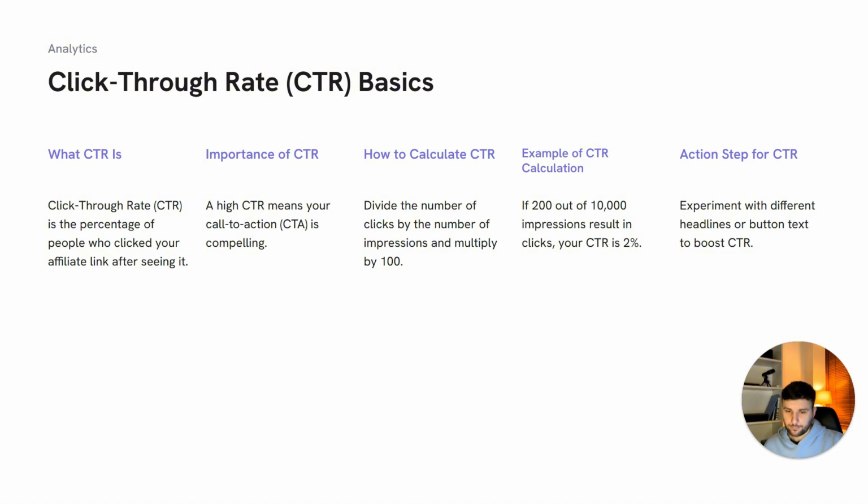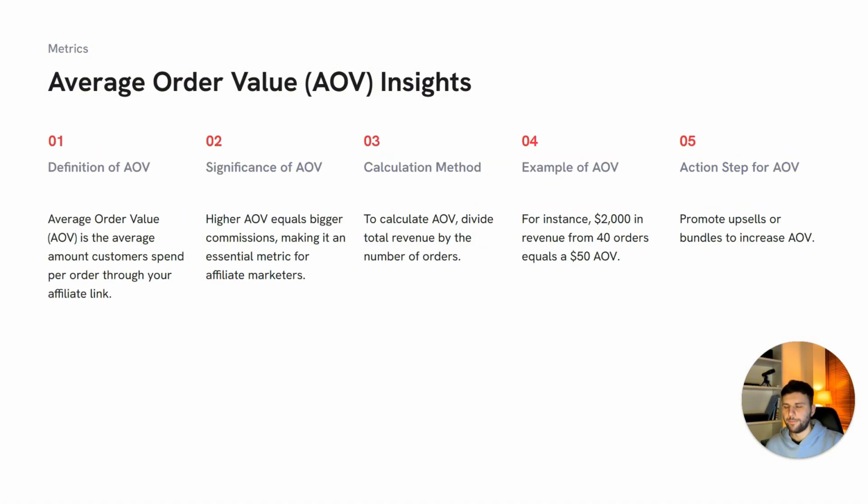And if you want to boost your click-through rates, experiment with different calls to action. Experiment, use fear, use benefits, use urgency, use scarcity, use different angles, right?